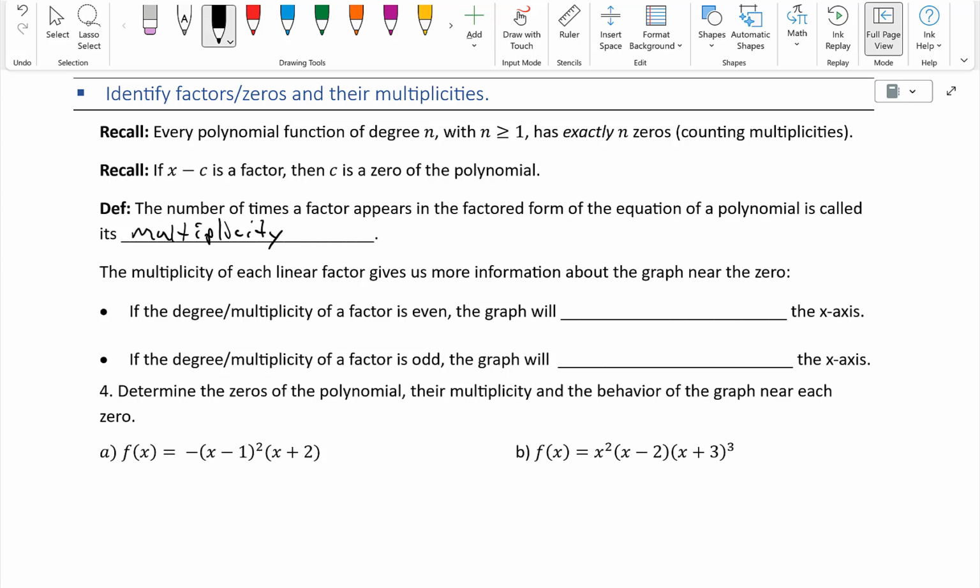So if the degree or multiplicity of a factor is even, the graph will, we can say touch, or you'll see bounce sometimes off the x-axis. And if the degree or multiplicity of a factor is odd, the graph will cross.